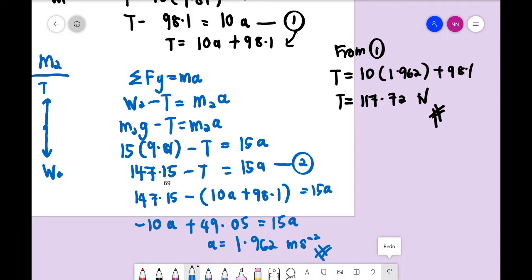It's not the acceleration of 10 kilogram object only, but it's also the acceleration of the object of mass 15 kilogram.